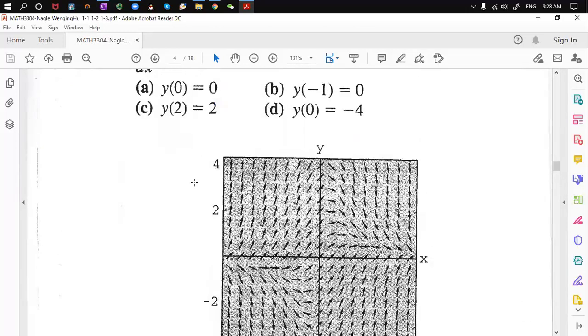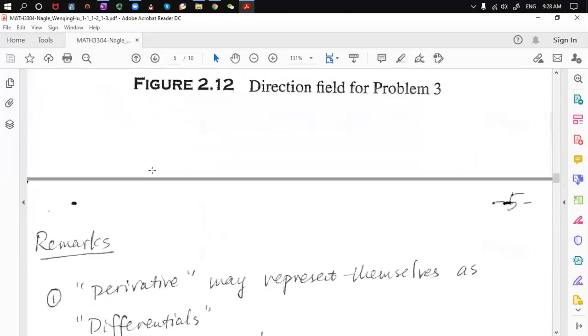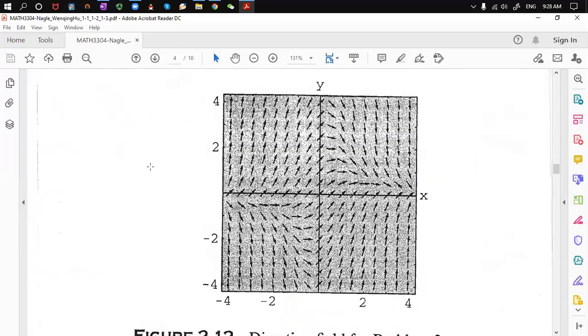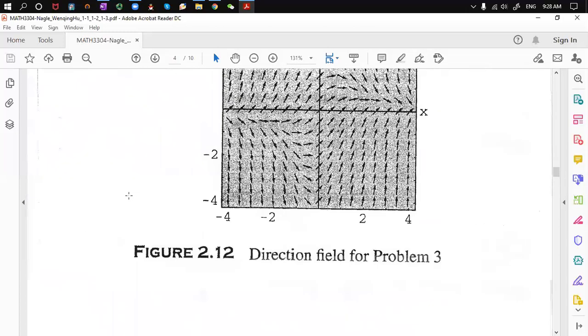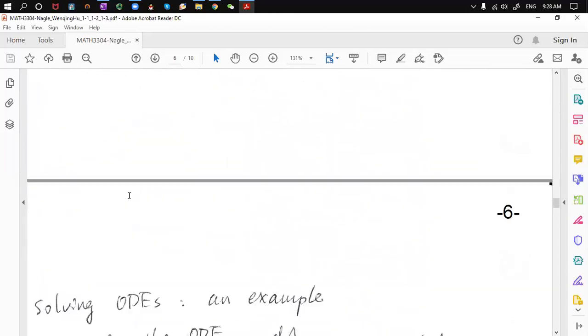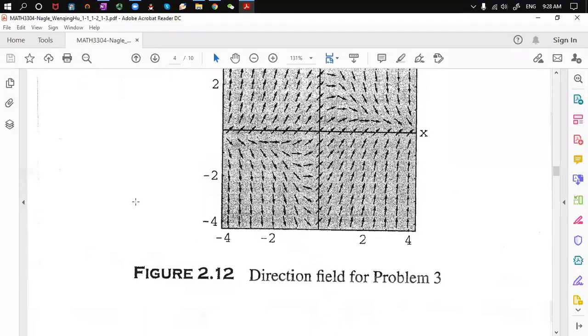So that's the drawback of direction fields or slope fields in our problem. But in any case, this is really a way to solve differential equations. So at least we are able to find solutions to differential equations via the slope fields, or via the direction fields.